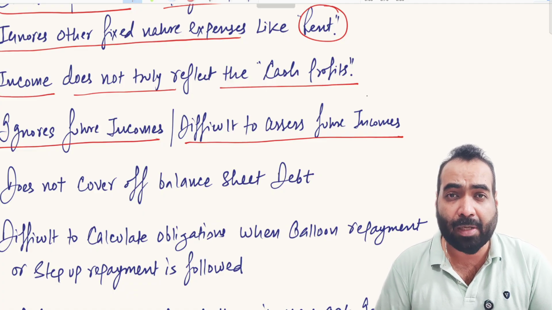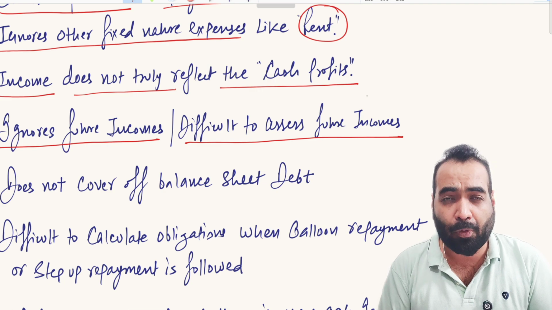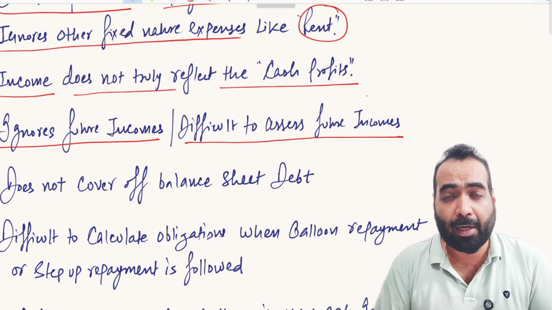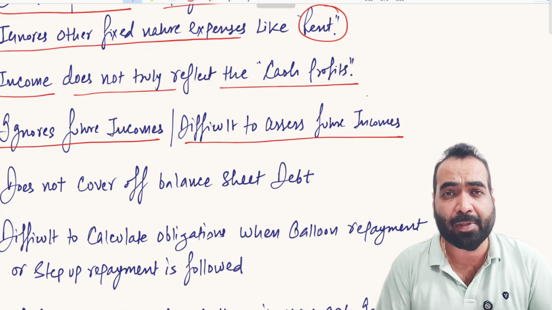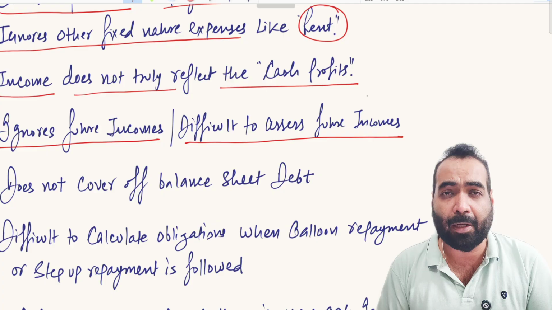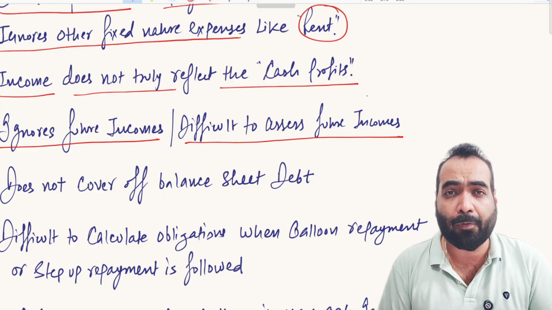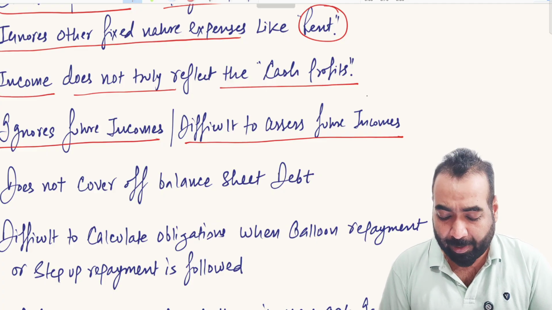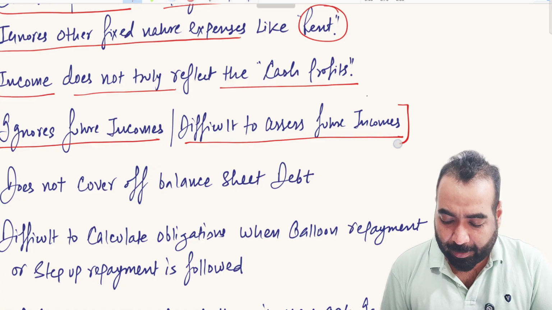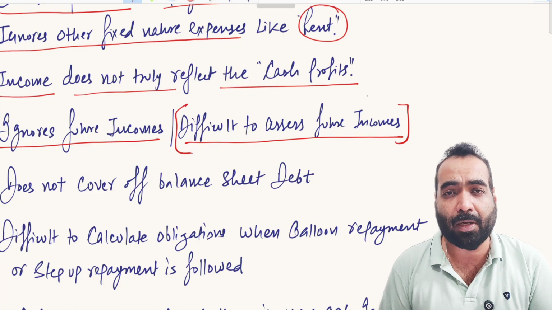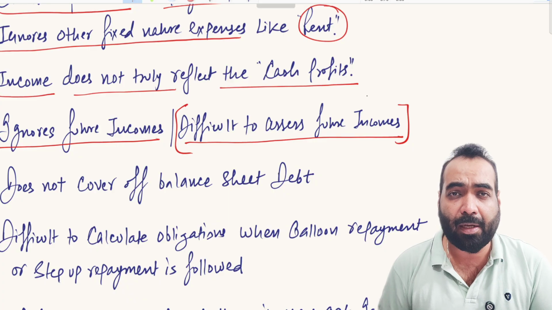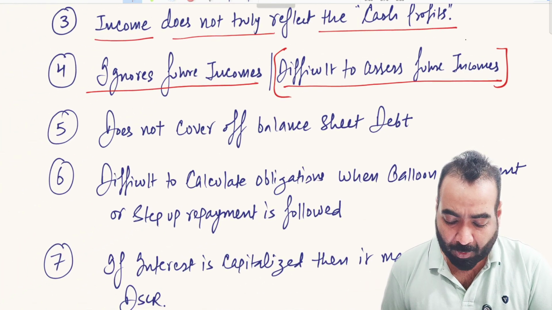If we go very aggressive and consider the client's sales as 2x, 3x from present levels, and his profits as 2x or 3x of current levels, we can be very aggressive in our calculation of future incomes. There is a lot of bias involved in it. So that is why I am saying that the difficulty of assessing future income is also a kind of drawback that we can see in the calculation of DSCR.